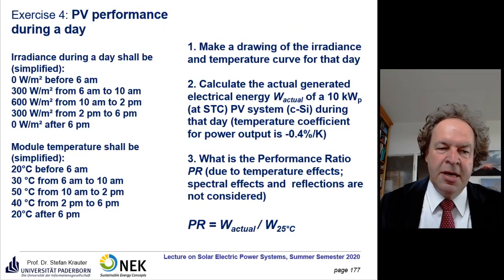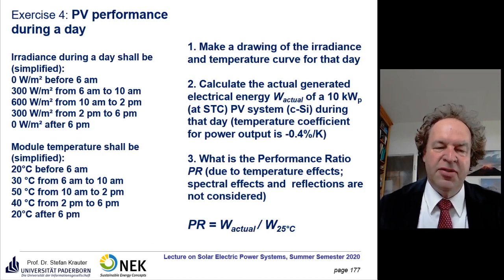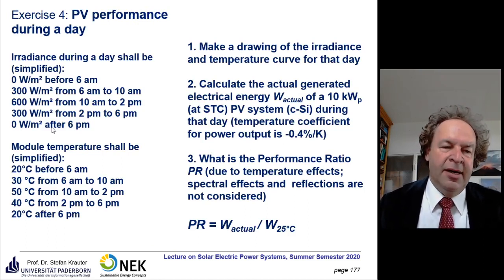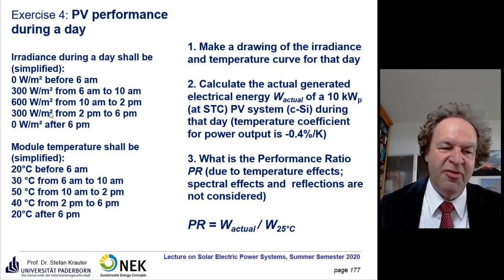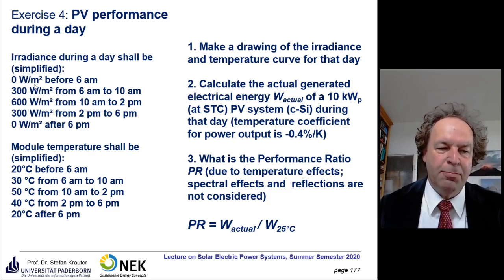You see here, the exercise for this fourth lecture: we take an irradiance profile. Usually it's not a fixed value, it's changing every minute, but for simplification we use some fixed values. So we start before 6 o'clock, there won't be any irradiance, so 0 watt per square meter.